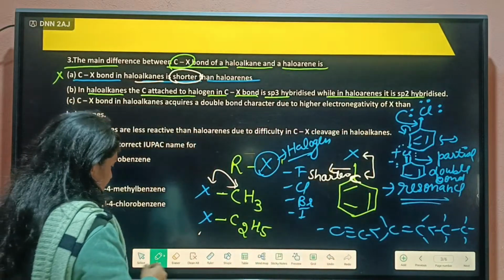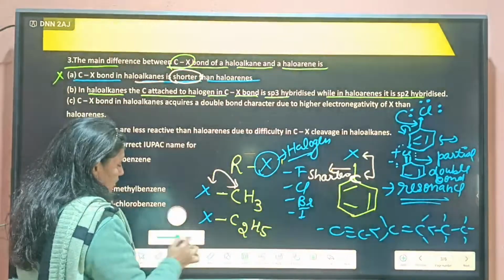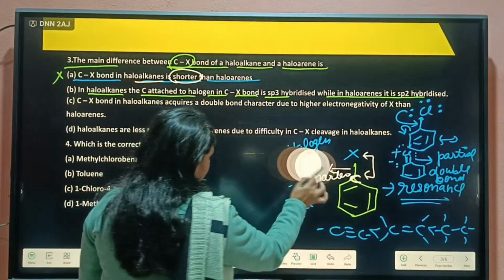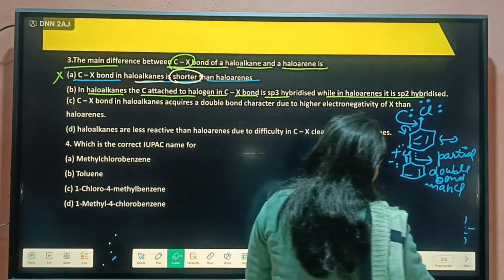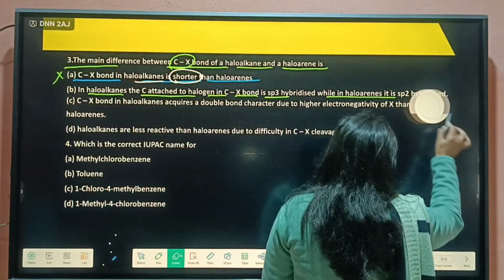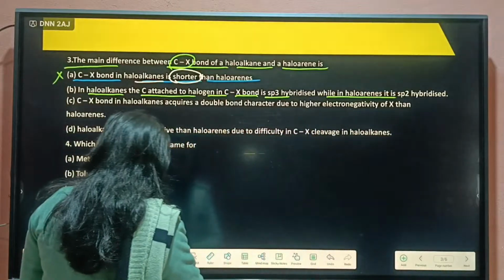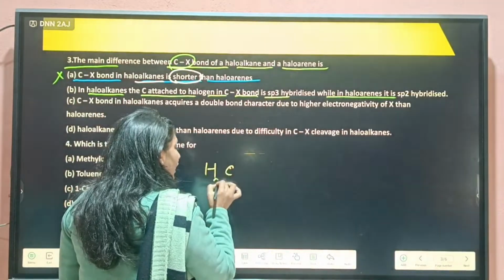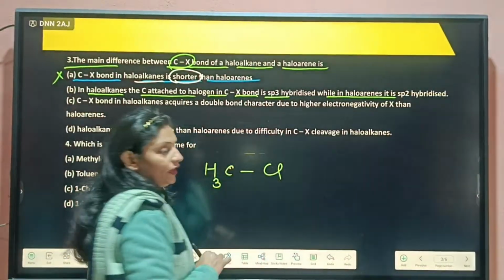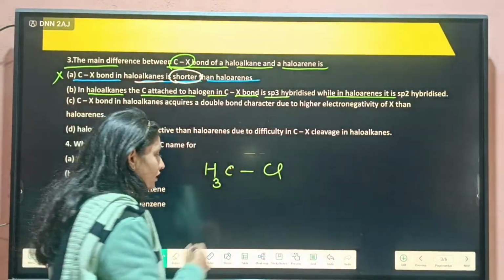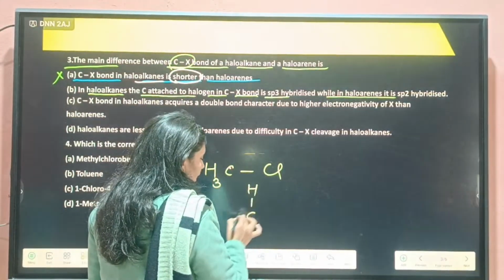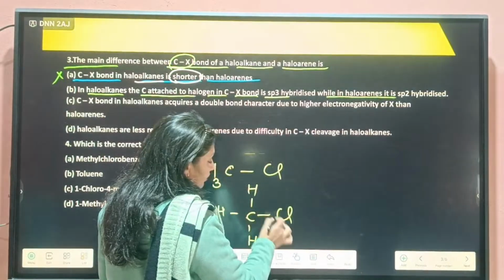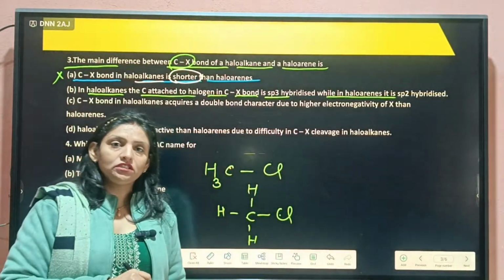Yes students, if I talk about haloalkane, here the halogen is attached to a singly bonded carbon.